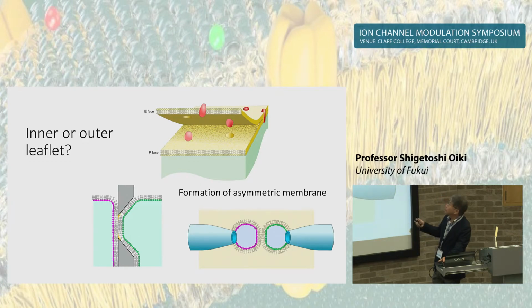This is simply a freeze fracture, but this is an irreversible step of making the two leaflets apart. But in this case, we can repeatedly form the bilayer or monolayer with a totally asymmetric membrane composition.